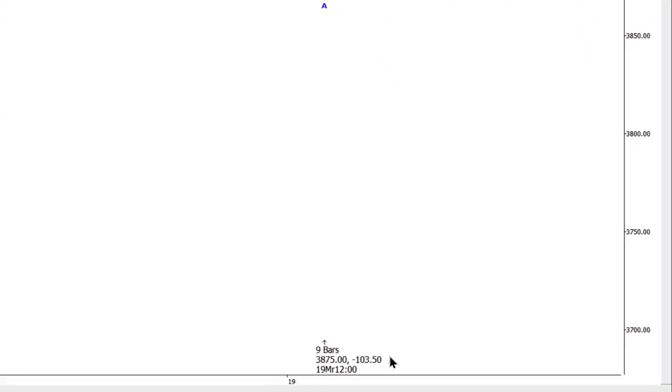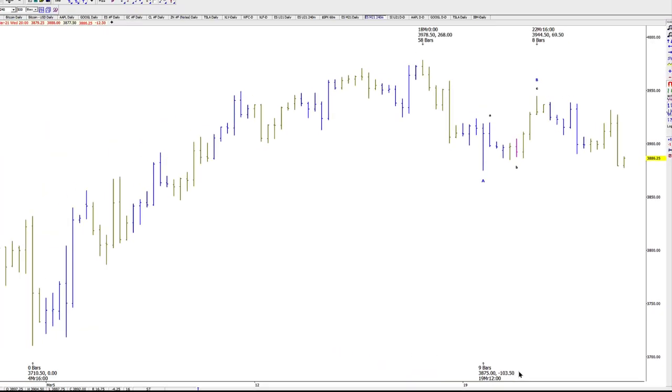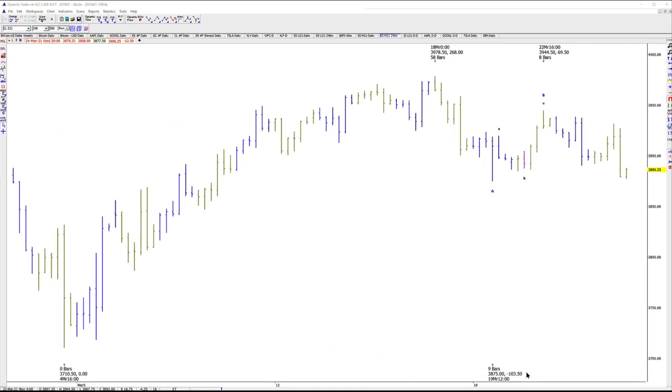We measure it by the key alternate price projection ratios, and I generally just do the 100 and 162%, because I can see that this has made almost a 50 to 62% retracement. So a 62% alternate price projection is probably not even going to reach this low. So I'm going to do the 100 to 162% alternate price projections.